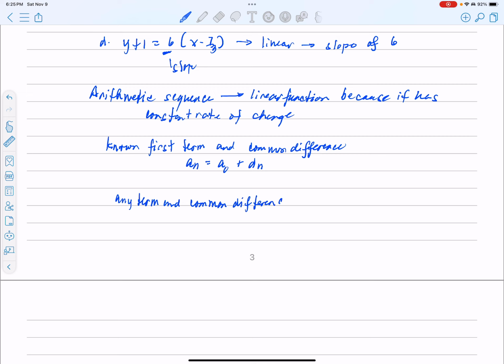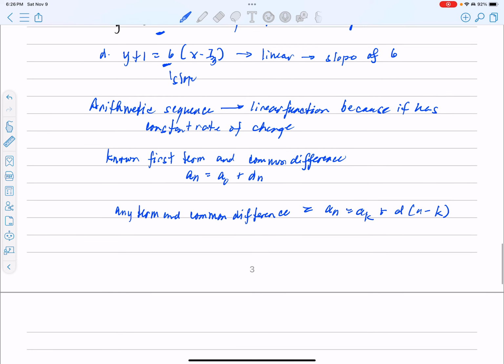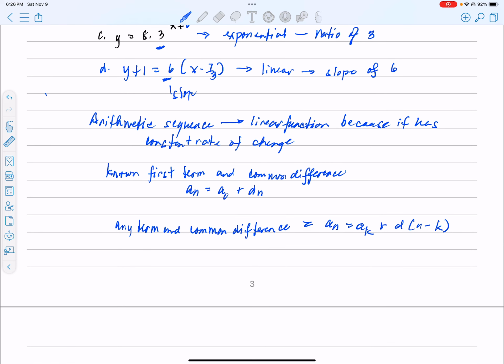A sub n equals a sub k, that k-th term, plus d times n minus k. All right. This is a summary of this topic that we do today about the linear function and arithmetic sequence. Okay.